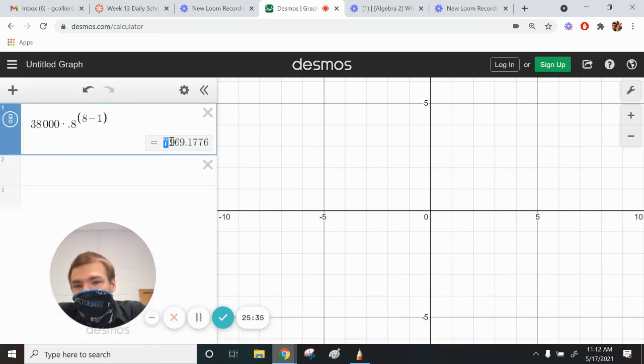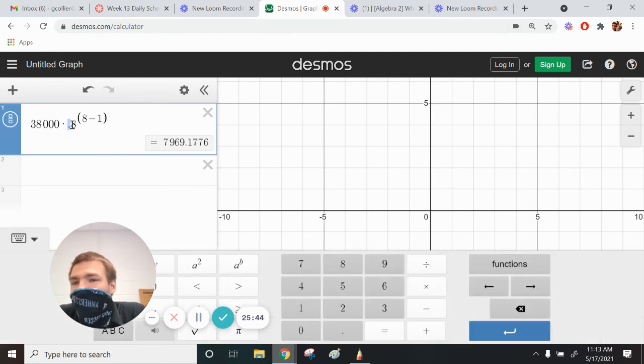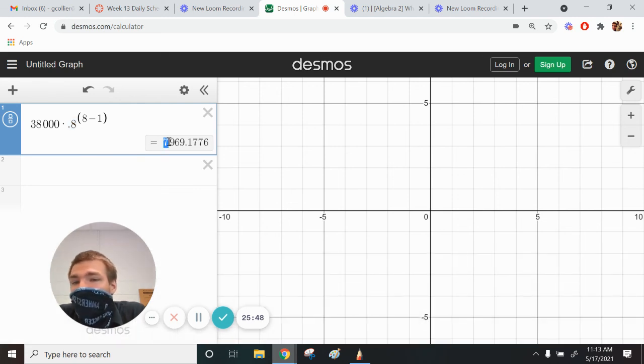So after 8 years, according to this, somewhat random question here, allegedly after 8 years, if my car is only worth 80% of what it was the year before, my $38,000 car has gone all the way down to under $8,000, which is a heartbreaker, right?